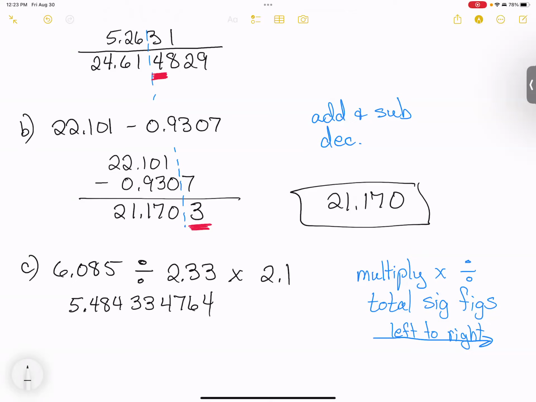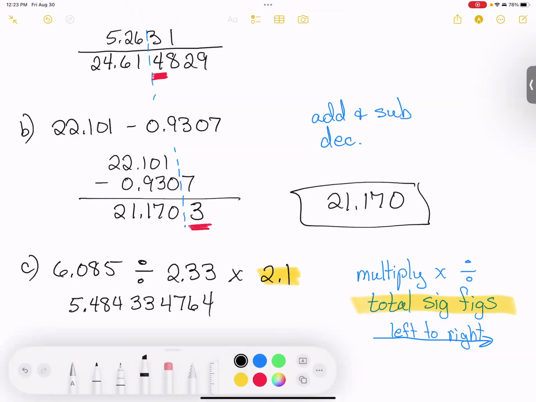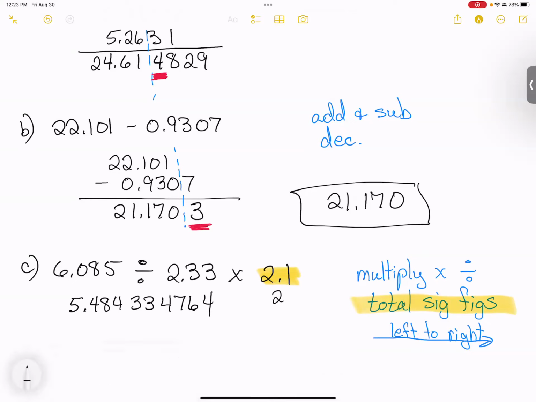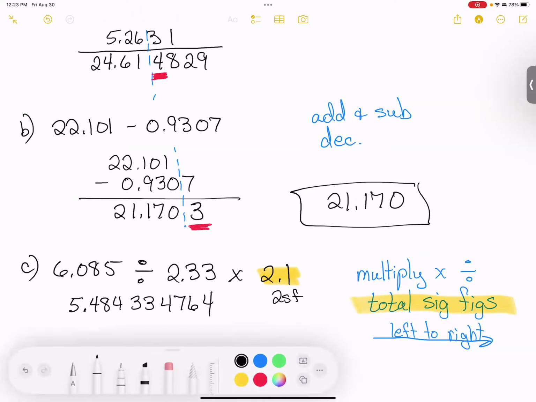Now, because it was total significant figures that matter, we look at the value with the fewest. The value with the fewest only has 2 sig figs. And so our answer is only going to be allowed 2 sig figs.